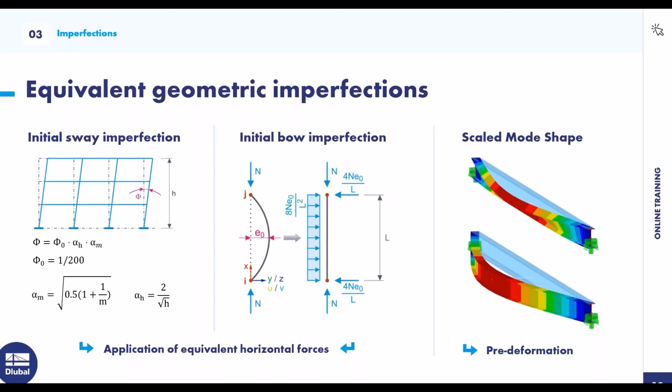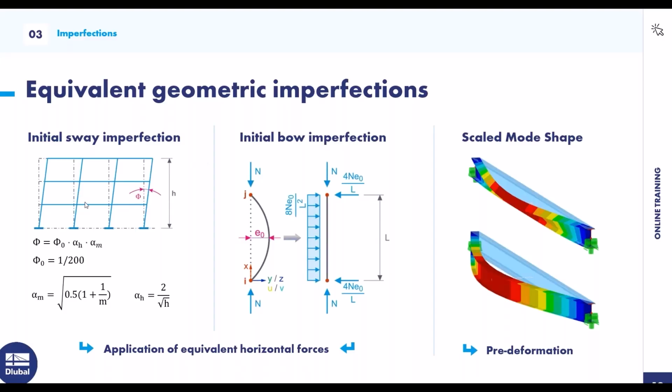Imperfections are production-related deviations in the model geometry and/or in the material properties. On the one hand, there can be real misalignments in classic hall constructions or tolerances in production, especially when rolled sections are used. And these imperfections can be summarized as equivalent geometric imperfections.